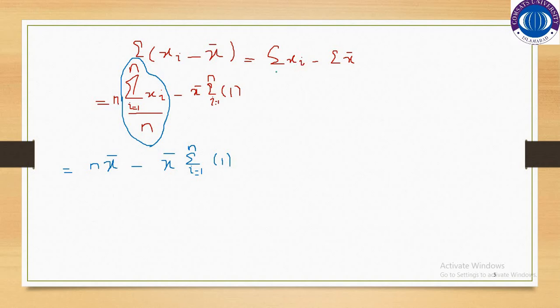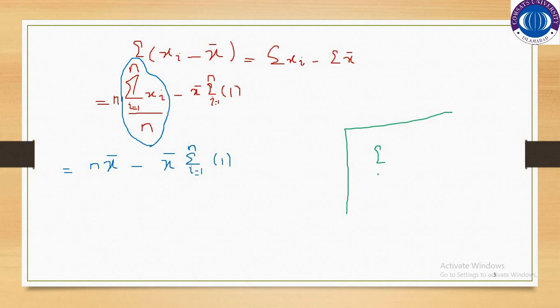For xi, i equal to 1 to n, this variable x contains n observations, and when we apply this summation, it means we are summing over n values. But now this is a constant, not a variable, so it is not changing from term to term.